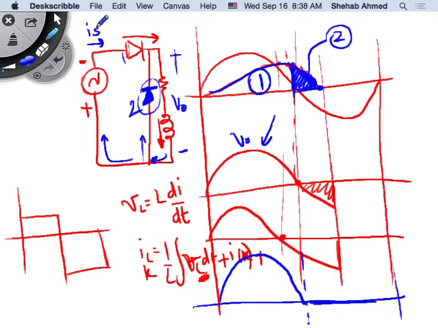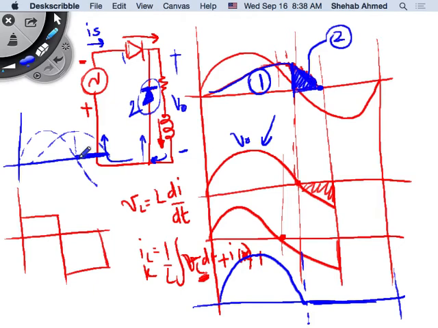When diode 2 is on, is there any current coming from my source? So that's good. At least we know that this is my cycle. Diode 2 turns on right here. Current looks like this. So I know that when diode 2 is on, the source current is 0.